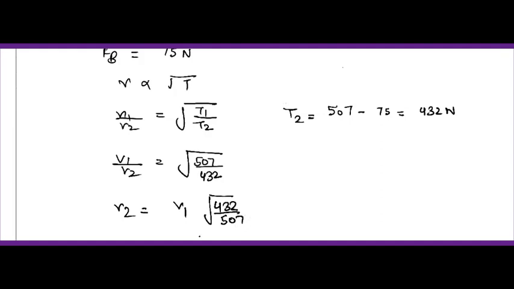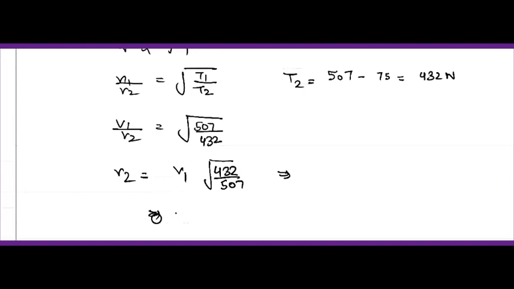On solving, f1 is 260, given to us, multiplied by the square root of 432 divided by 507.